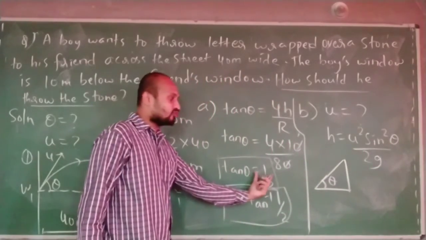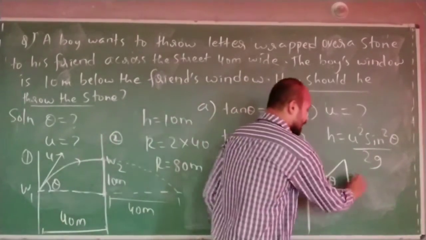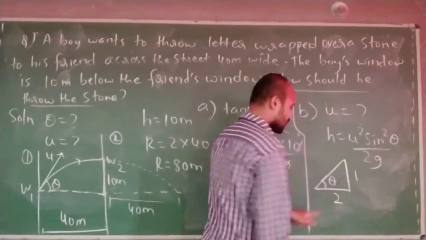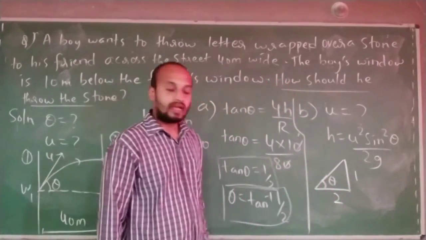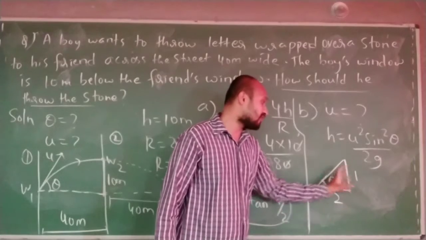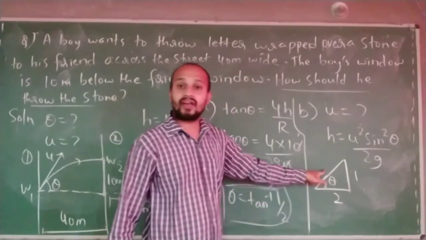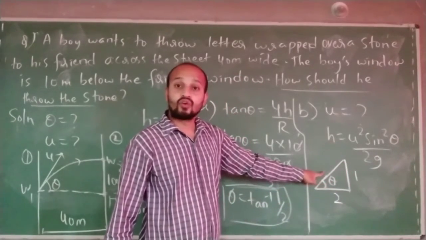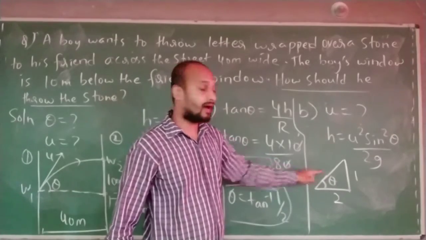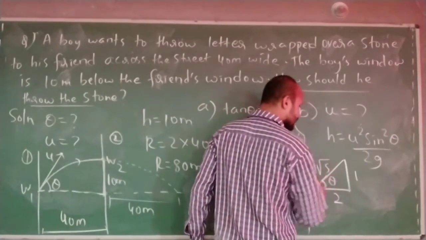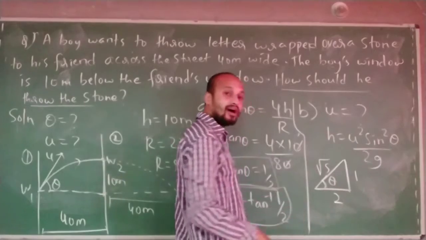Tan theta is 1 by 2 means, let us consider opposite by base is 1 by 2. If this is 1 by 2, what will be the hypotenuse? Root of 2 square plus 1 square, that will be root 5. From this, calculate the value of sin theta.